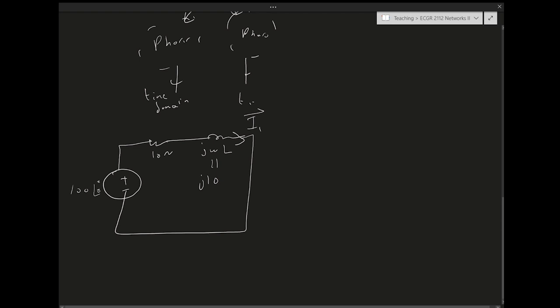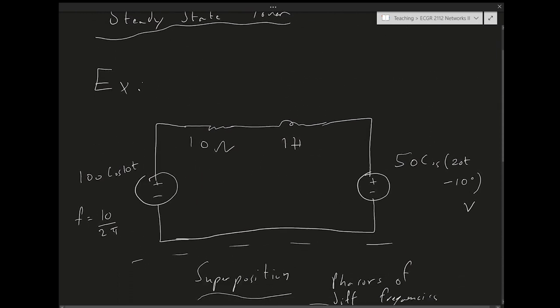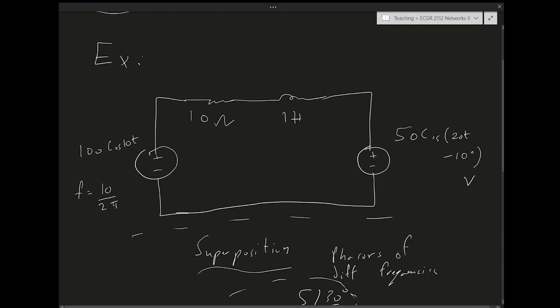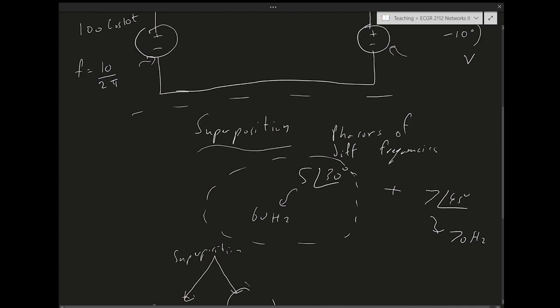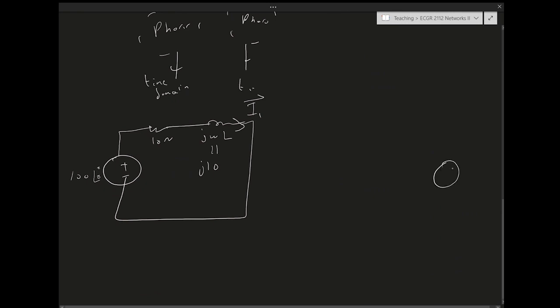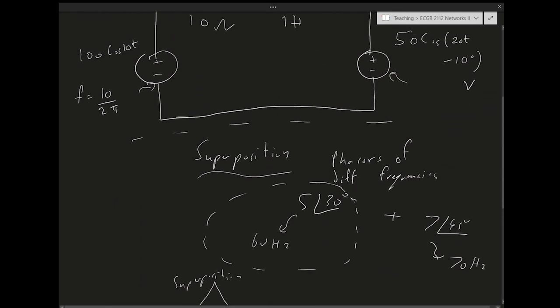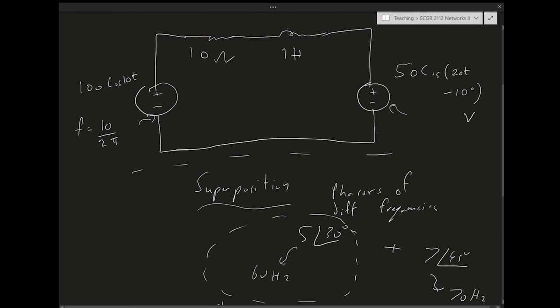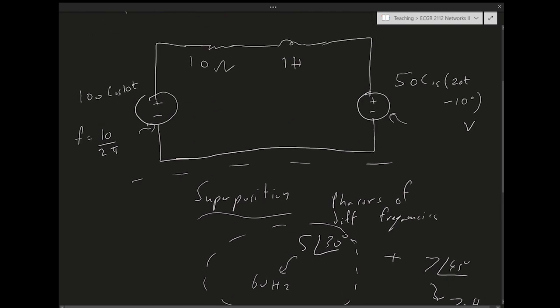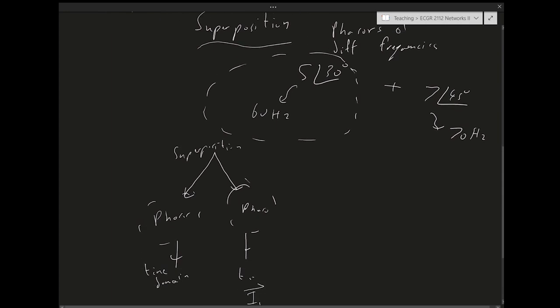right? And then the other part of the circuit, applying superposition, right? So I split the circuit into two parts. The other part is the one I get by applying this source and making the other source equal to 0. So I end up with this other source here. So this is going to be 20 radians per second, with a magnitude of 50 and an angle of minus 10.